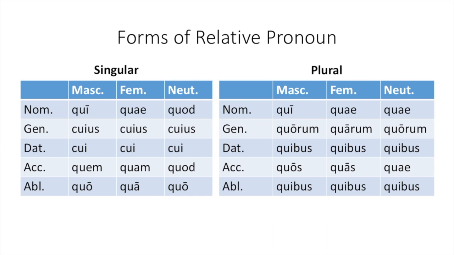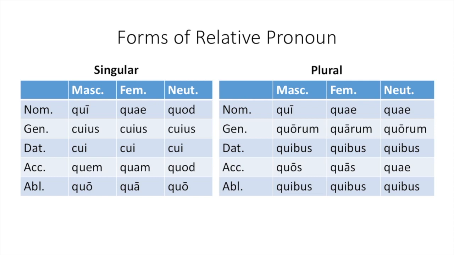And then both of those cases are the only ones that start with a C. All the others start with a Q and a U. The accusative singular masculine follows the third declension em ending with quem. Quam follows first declension, and quod is similar to your demonstrative illud and istud, but it's the exact same as your nominative singular neuter because of the neuter rule.